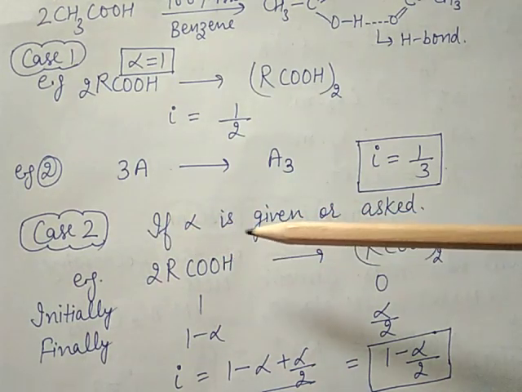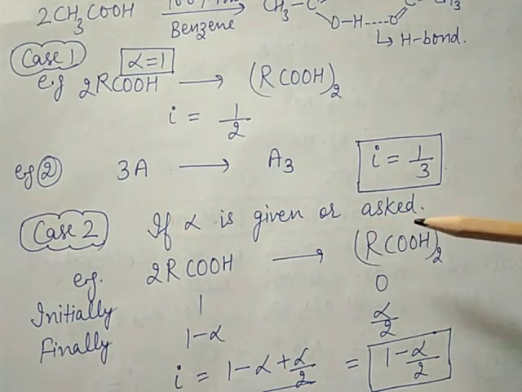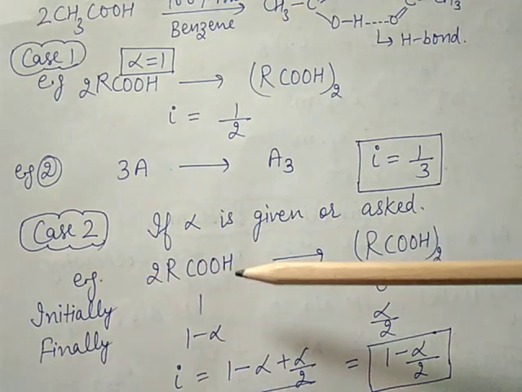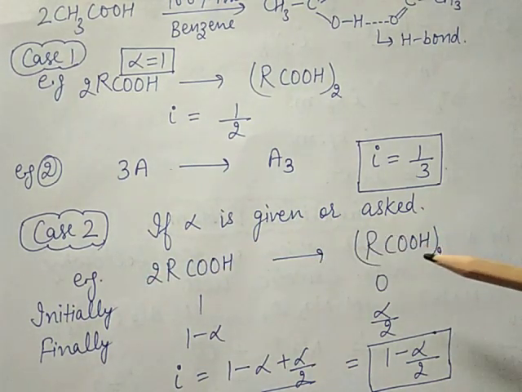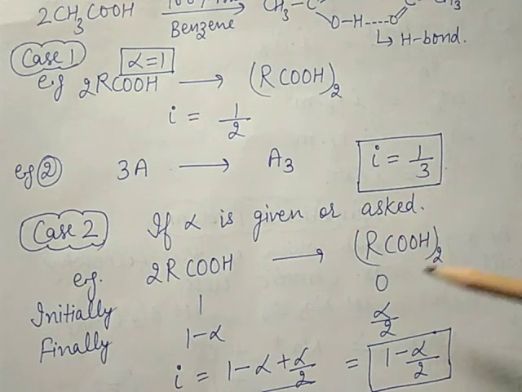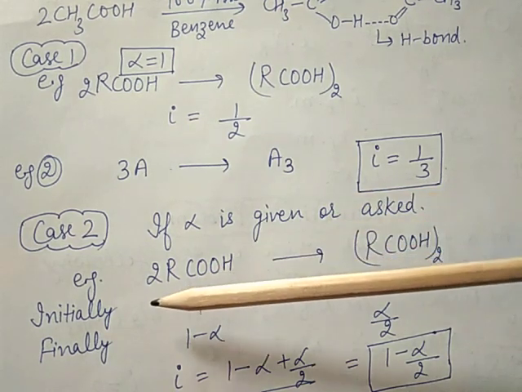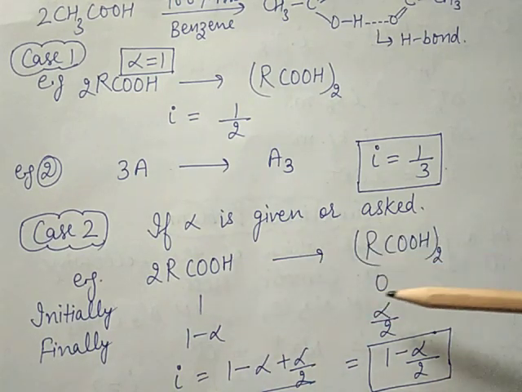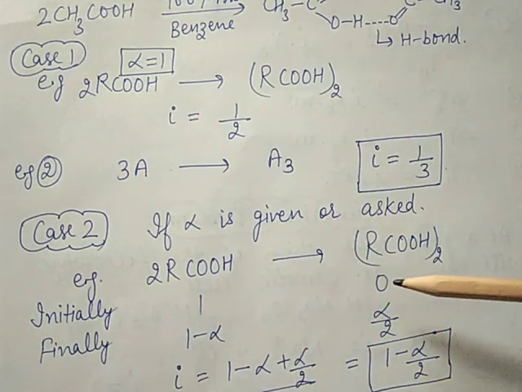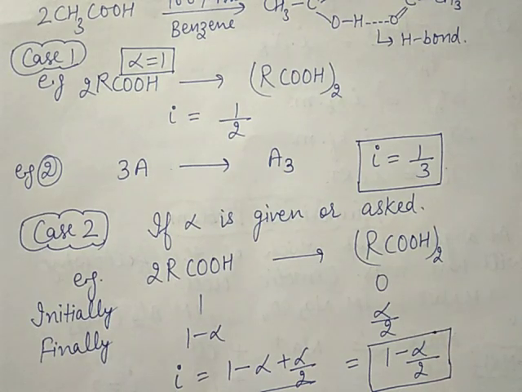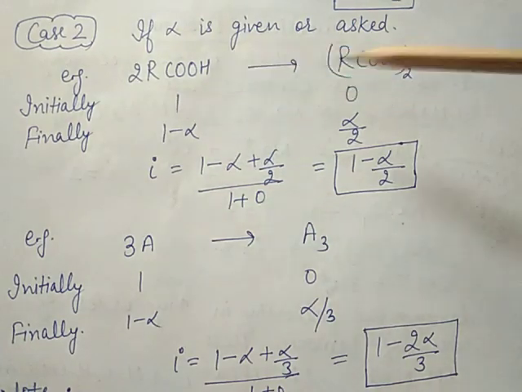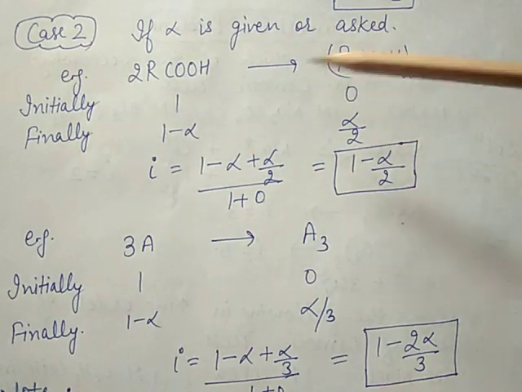Case number 2, if alpha is given or asked, then example 2RCOOH gives rise to (RCOOH)2, means dimerization takes place. Initially suppose it has 1 mole and the dimer has 0 mole.